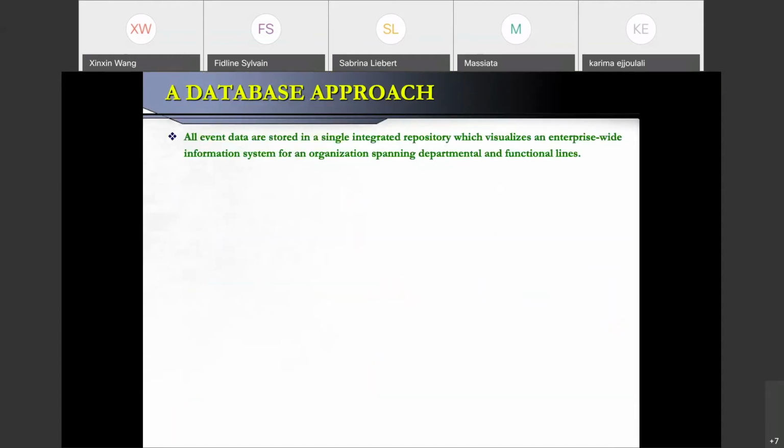for accounting. All the event data are stored in a single integrated repository, which can be visualized as an enterprise-wide information system for the organization, across the departments, across the branches of the organization.